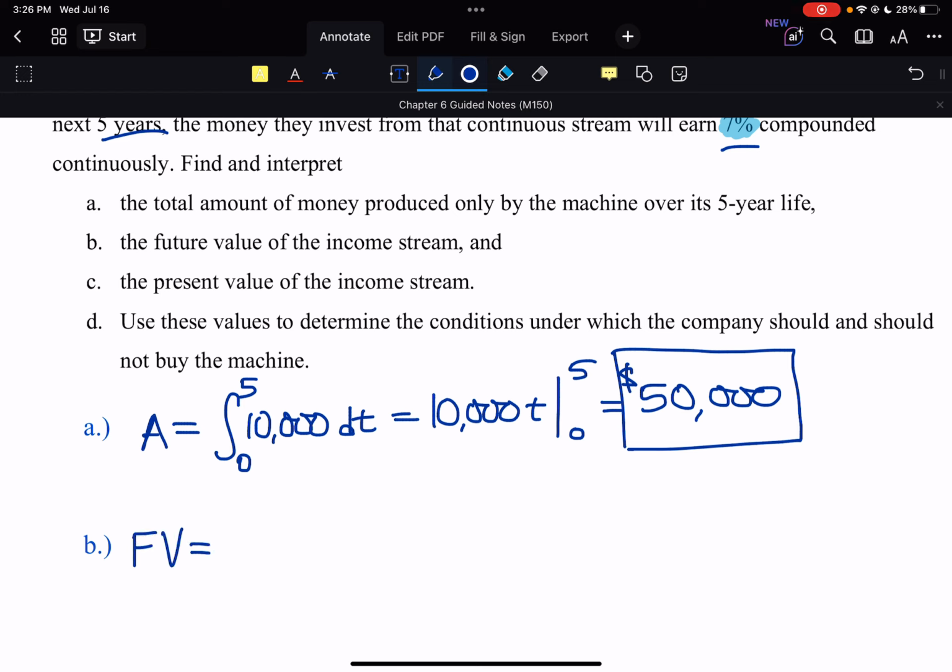So for our future value, we get e to the RT times the integral from 0 to t of that function. In this case, it is just 10,000. It's a constant. Times e to the negative RT, and that's little t, dt.